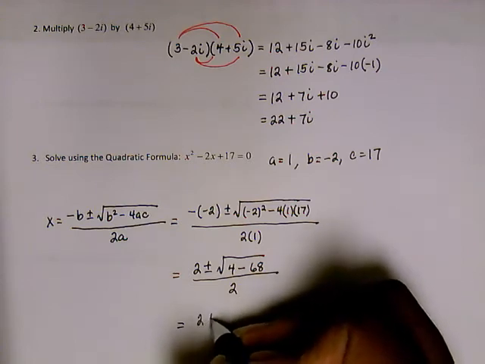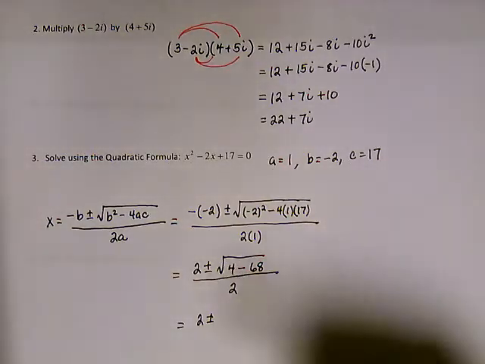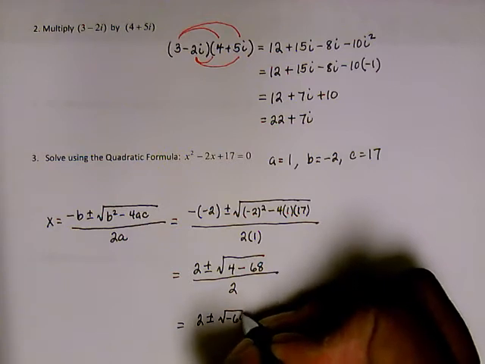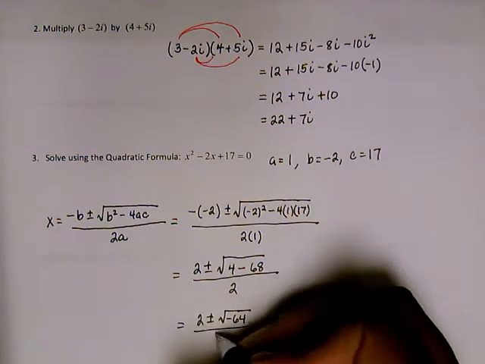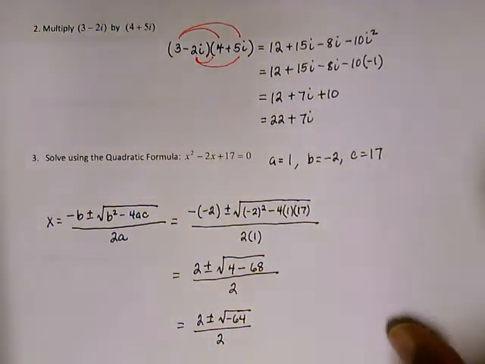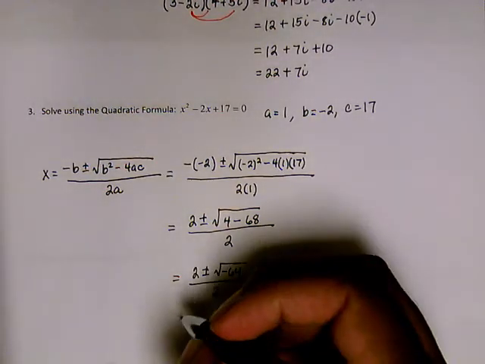Okay. Continuing with this problem, we got 2 plus or minus. Underneath the radical, we need to simplify 4 minus 68. That's going to be negative 64. So I have 2 plus or minus the square root of negative 64 all over 2. Now the square root of negative 64.